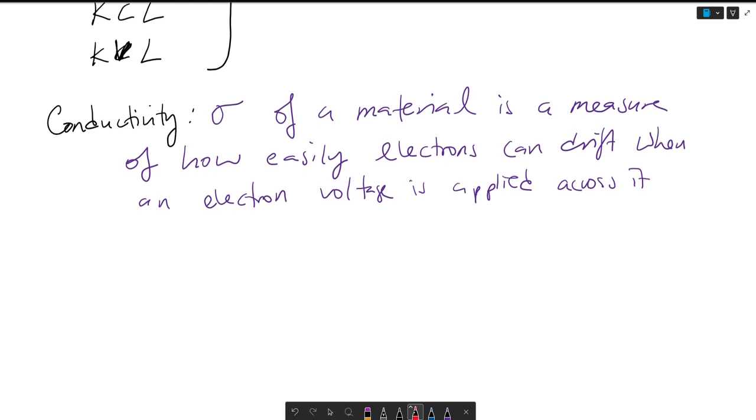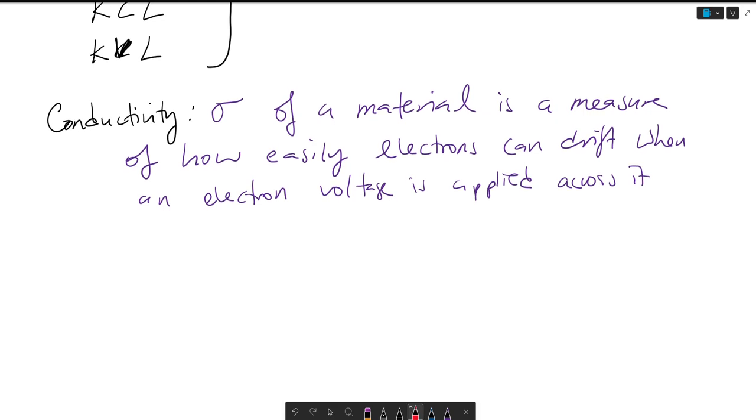And the units of conductivity are called Siemens per meter, or S over M, equals sigma.